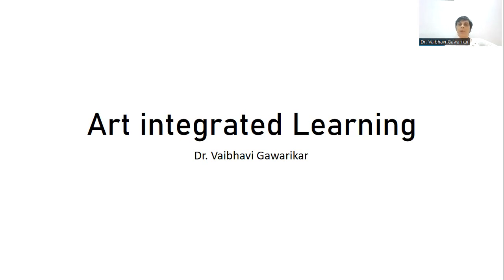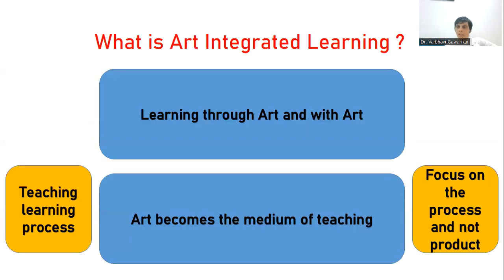So basically, that is a very small idea of what art integrated learning means. Conceptually, I think it is more of learning through art and with art. Art could be a process through which you learn.